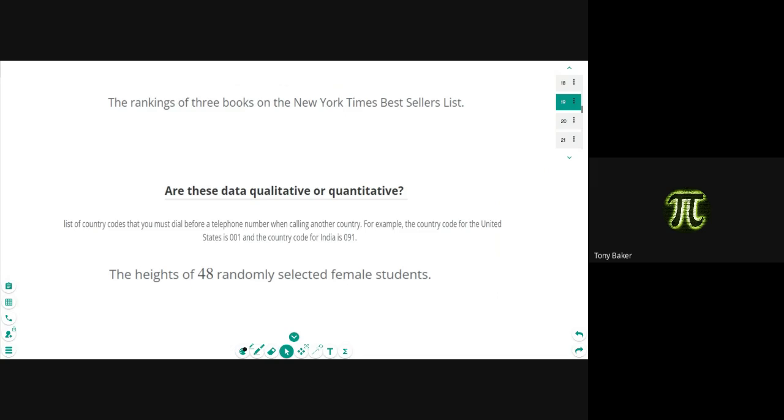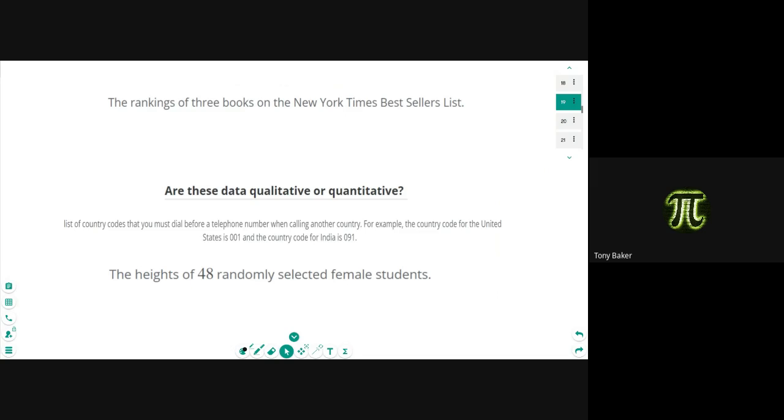The one thing I don't want you to assume is that if it's numerical, it's automatically quantitative. You can have numerical values that are qualitative. So 3 stars, 4 stars, things like that. They're still numbers, and we can still order them, but it still would be a qualitative data point.